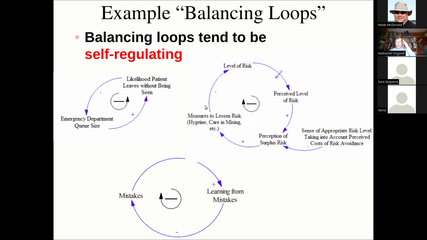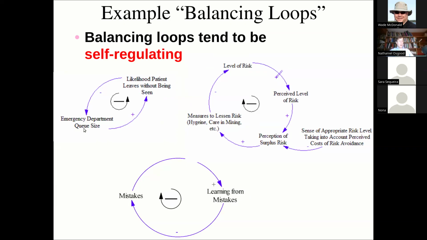And there are many cases of this. Hopefully in life, we make mistakes, we learn from our mistakes, and that lowers our future mistakes. We regulate our behavior by realizing, oh, we can't do that. If I do that again, it'll be a problem. And we act in a more heedful fashion.